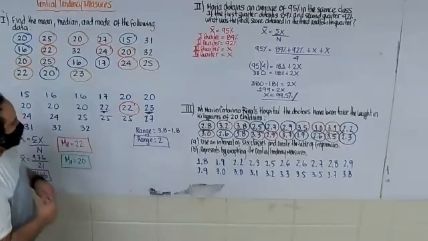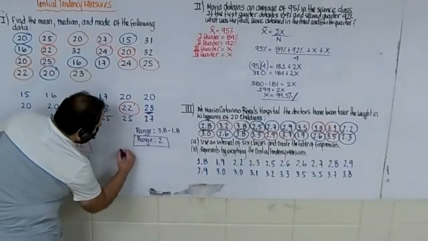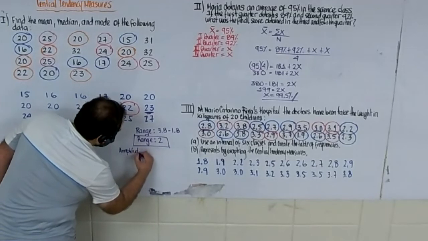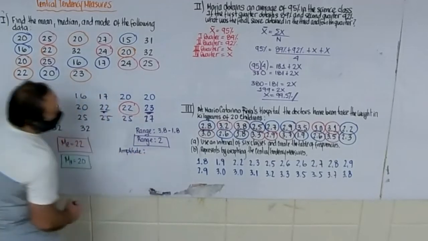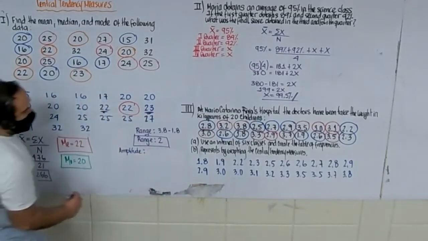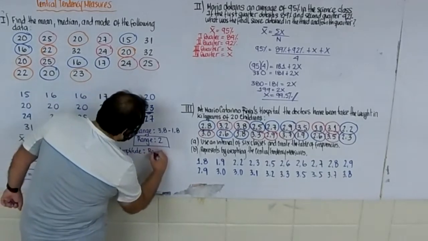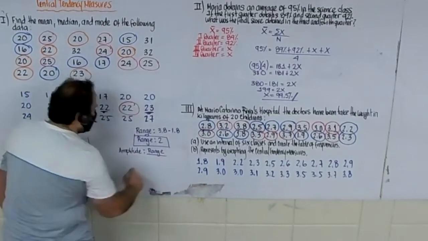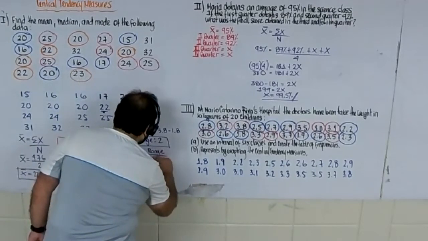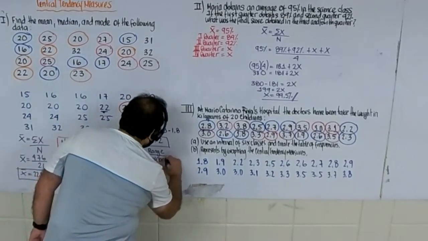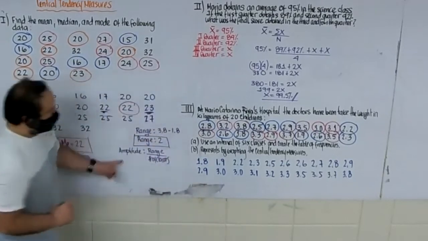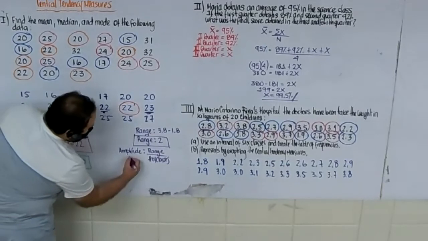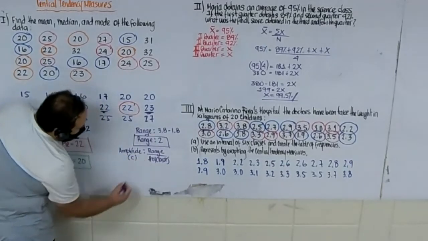Now, the amplitude or the C value, the amplitude is the range divided by the number of classes. This is going to be the formula for the amplitude, I mean, the C value.